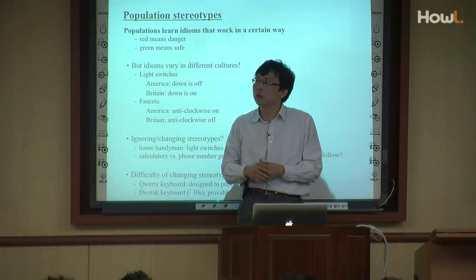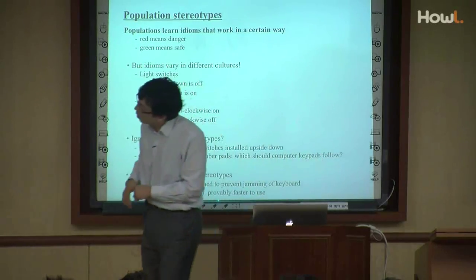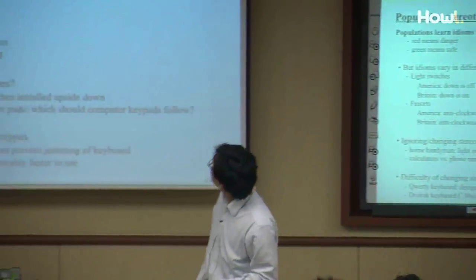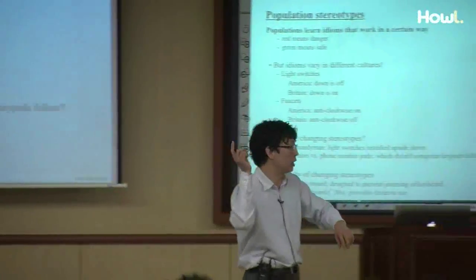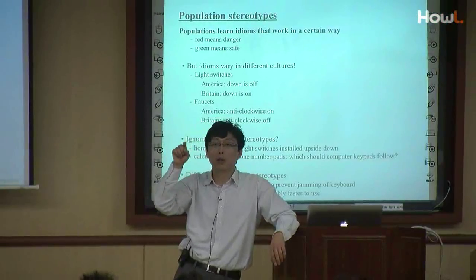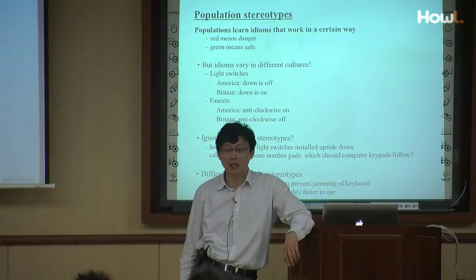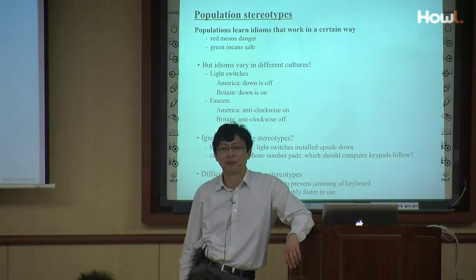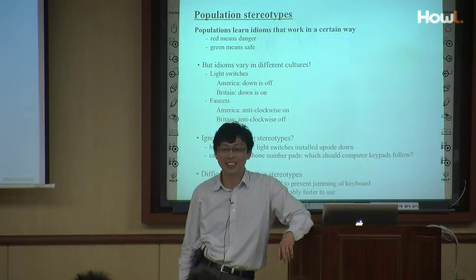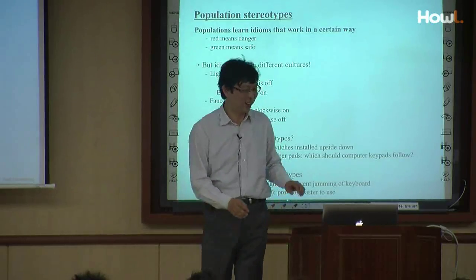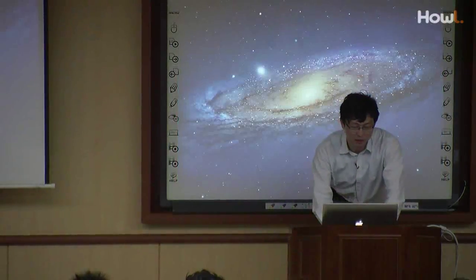For example, where is the exit sign in here? No, not in here. But when you look around, some countries have exit signs with a green background, and some other countries use a red background. Strange thing, isn't it? Okay, another thing.